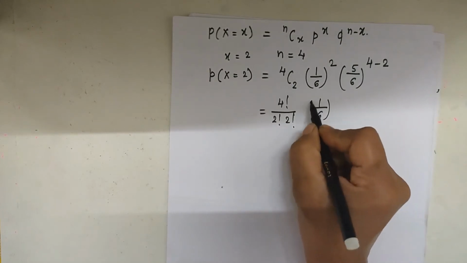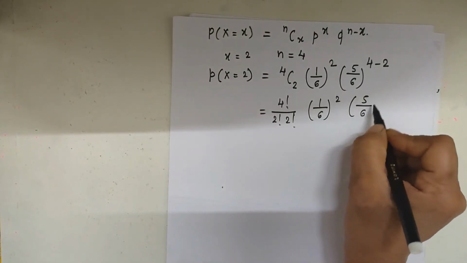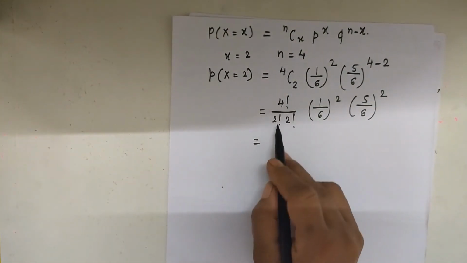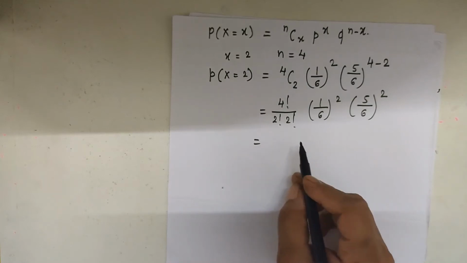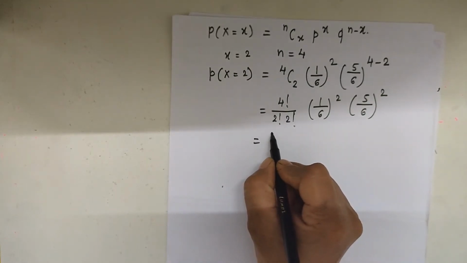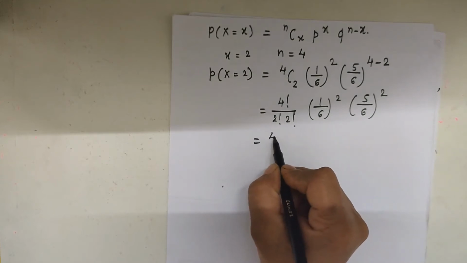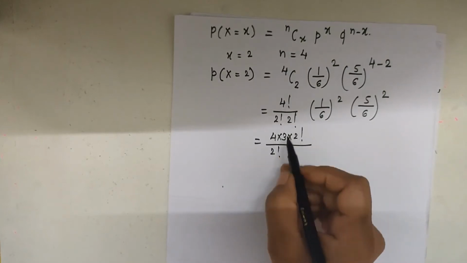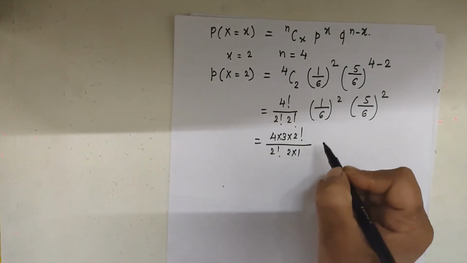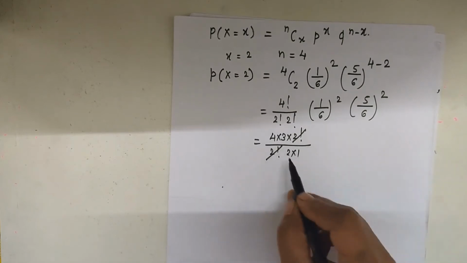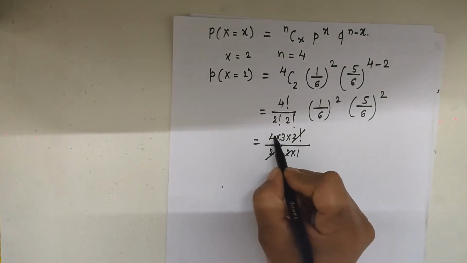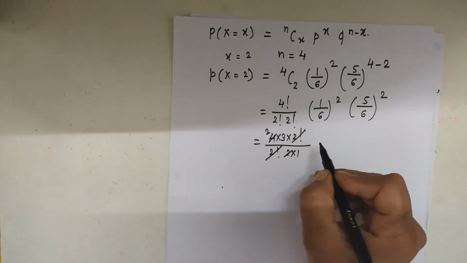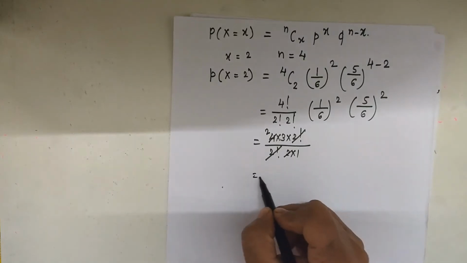We can write 4 factorial as 4 into 3 into 2 factorial upon 2 factorial into 2 factorial, and the value of 2 factorial is 2 into 1. Here 2 factorial cancels, and 2 twos are 4, 2 into 3 is 6. So the value of 4C2 is 6.